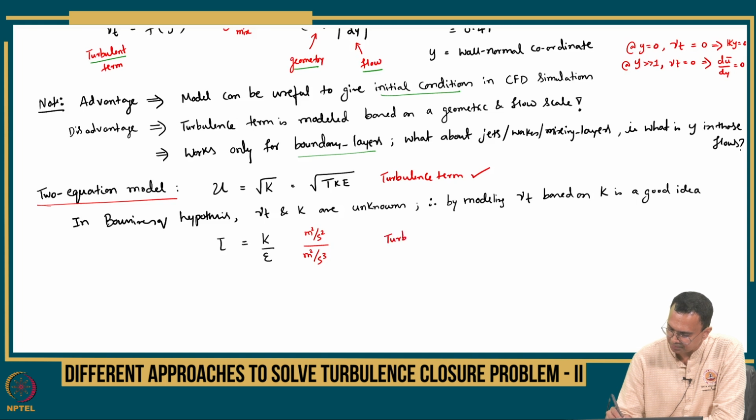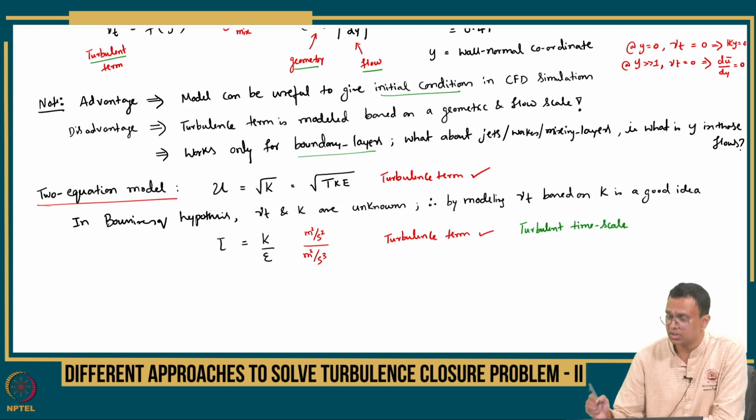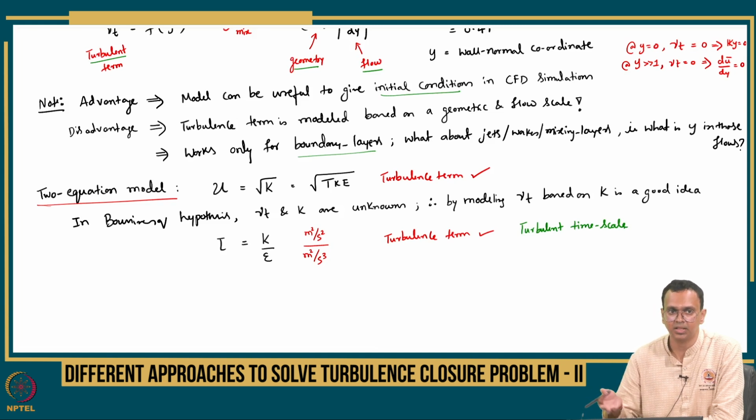Again, this is a turbulence term, a turbulent time scale. But of course, it is not associated with a particular eddy, because k and epsilon are statistical. They represent all the turbulence inside the system. It is only on dimensional grounds that we can say the unit comes to a second, and therefore this is a turbulent time scale, and square root of k is the turbulent velocity scale.